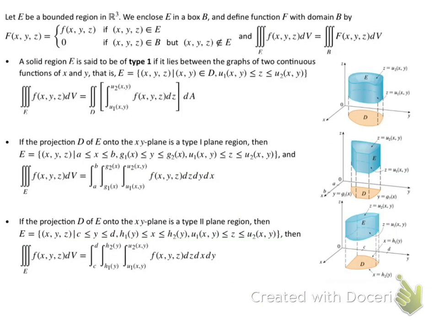Now, what if the region that we are doing our integral over is not a box? We do the same, we define it with the same idea. We use a bigger box to surround it, to cover it, and then we fill in the extra space with function 0.